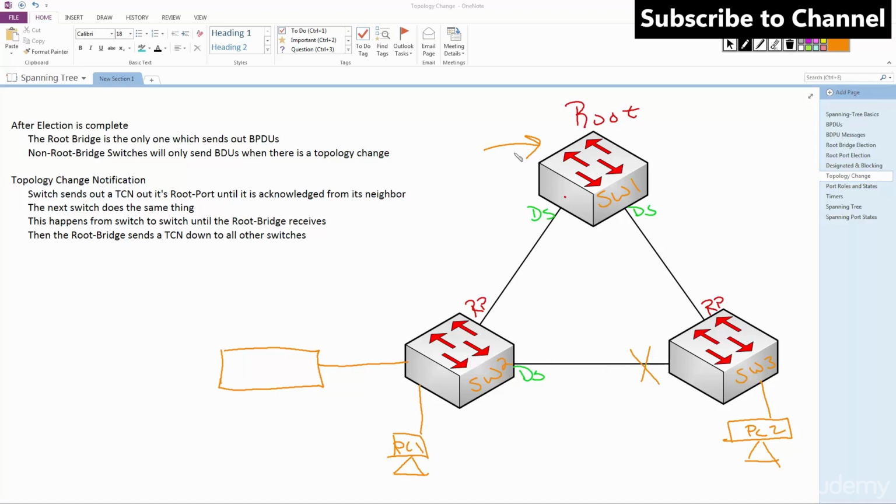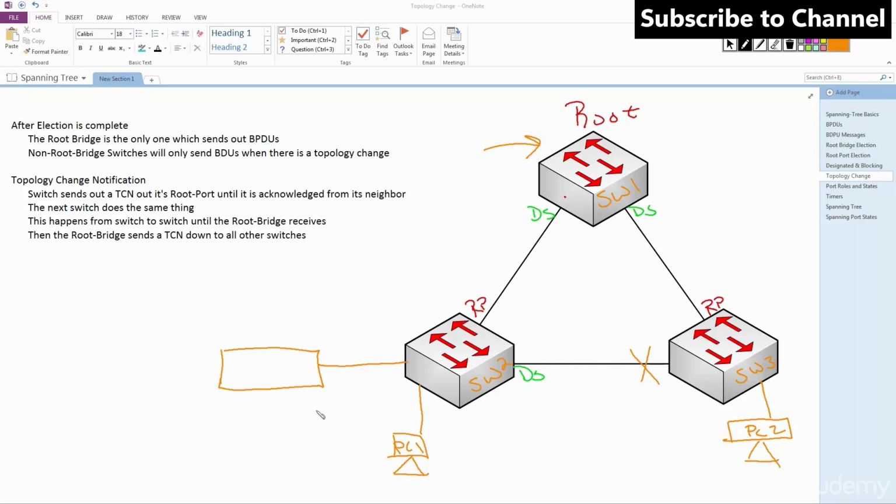So the BPDUs are only being sent out after it becomes the root bridge. You can lab this by turning on the switches, doing debug commands, and looking at the debug messages. And once the root bridge is elected and everyone agrees, then only the root bridge is going to be sending out BPDUs.